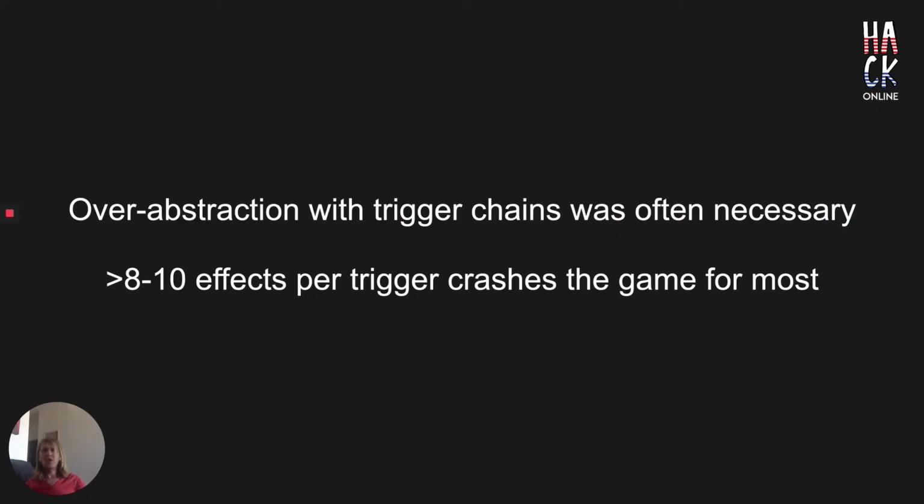One of the challenges is that you often have to over-abstract your trigger chains because if you had more than 8 or 10 effects inside of a single trigger, it would crash the game for a lot of players, especially those playing on the potatoes that we had 20 years ago. So you often have to over-abstract and have all these small triggers, I guess it was the precursor to microservices. We were already onto something 20 years ago and we were kids and didn't even know how programming worked.